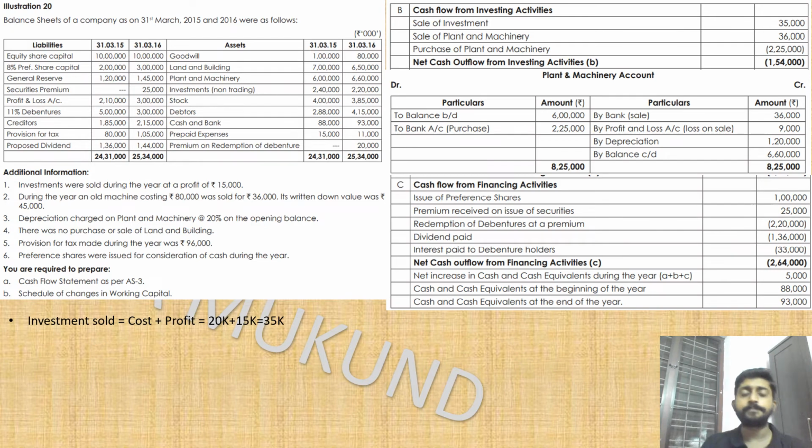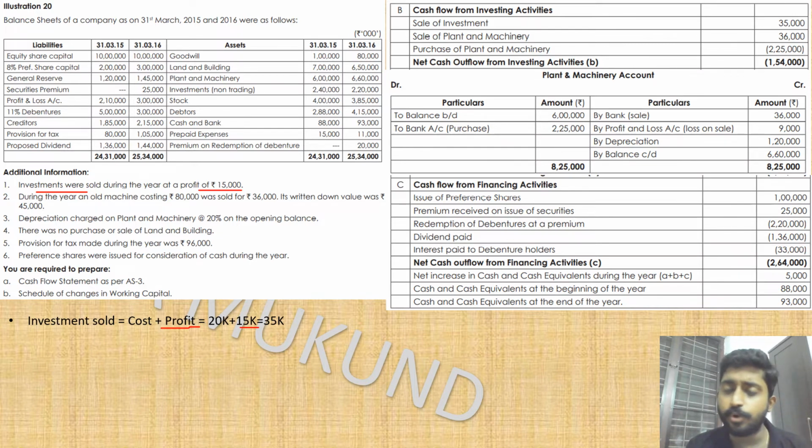We will move to the investing activity. What is the investing activity here? It is said investments were sold, and while selling there was a profit of 15,000. So there should be a cost, and cost plus profit will give you the sale value. What will be the cost?